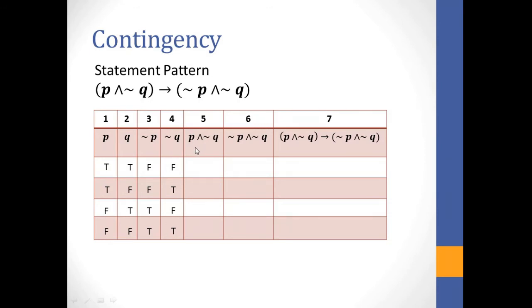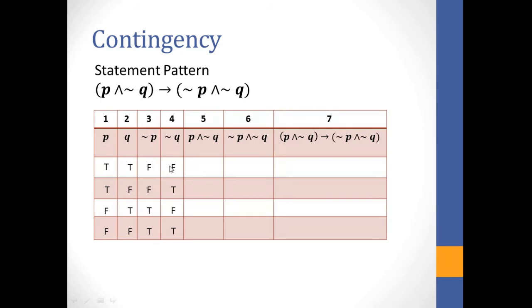Now column number 5 is P and negation Q. So this is P and this is negation Q, and 'and' is the connective, that is conjunction.